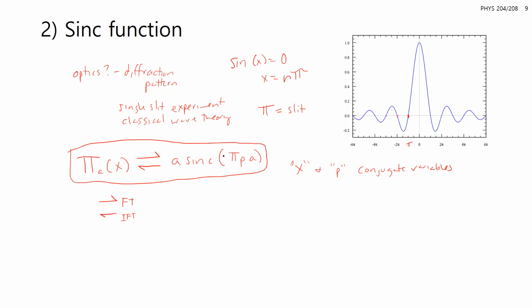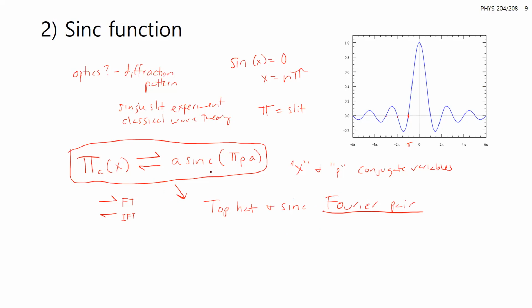So with this notation showing Fourier transform and inverse Fourier transform, what we can say is that a top hat function and a sinc are called a Fourier pair. Just to add another definition: a Fourier pair means that you can go between those two using a Fourier transform.